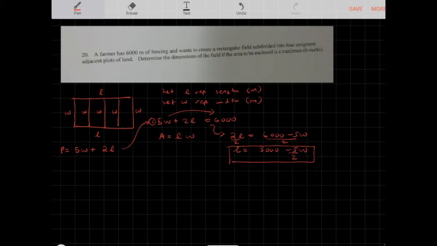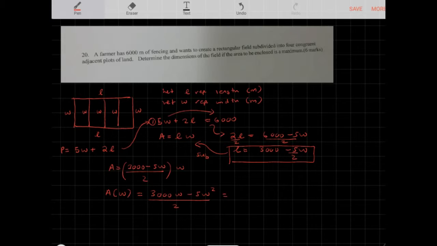And now what I want to do here is make the area function just a function of one of the variables. So I'm going to do this with W. So I'm going to substitute this into my area function. If I substitute this into my area function, area is equal to, wherever you see L, I'm going to plug in (3,000 minus 5W) over 2, times W. And in this case, the area is now a function of W. So A of W is equal to (3,000W minus 5W squared) over 2, right?